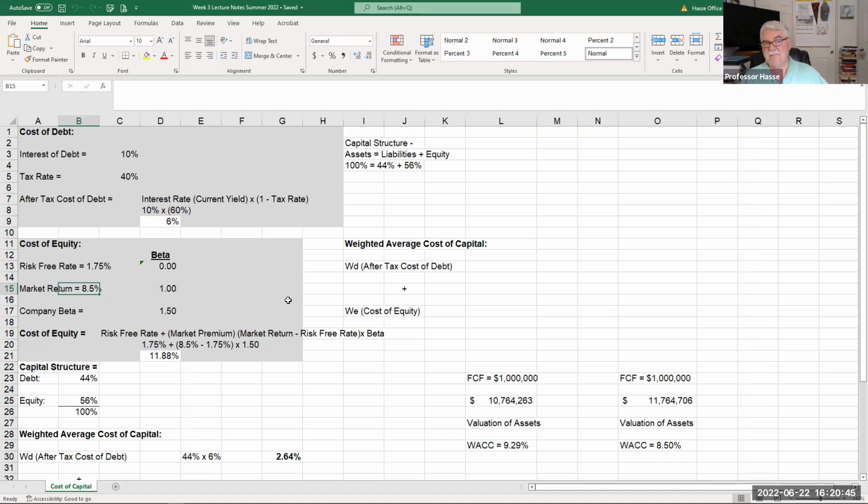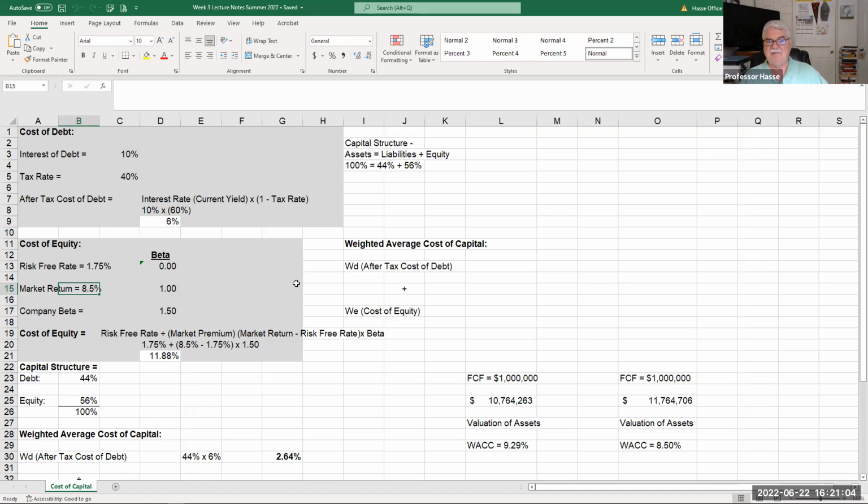Quite a spread. That spread between market return and the risk-free rate return, between average risk and zero risk, is called the market premium.